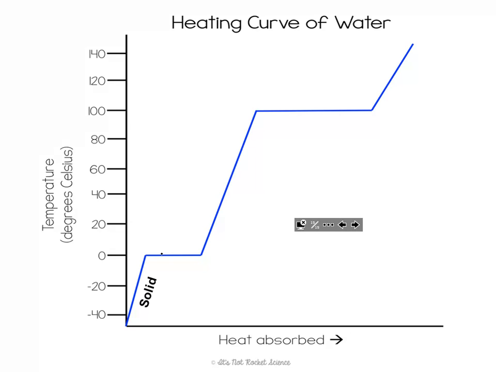Then as heat continues to be absorbed, remember when heat is absorbed, its kinetic energy is increasing. So in this solid, the molecules are starting to move a little bit more. And at some point right here at 0 degrees, the kinetic energy of those molecules begins to shift from a solid form to a liquid form. And so this is the phase of melting that happens right here.